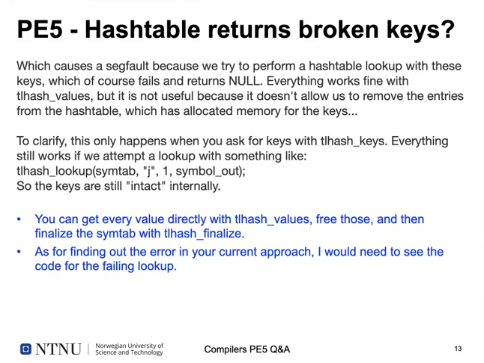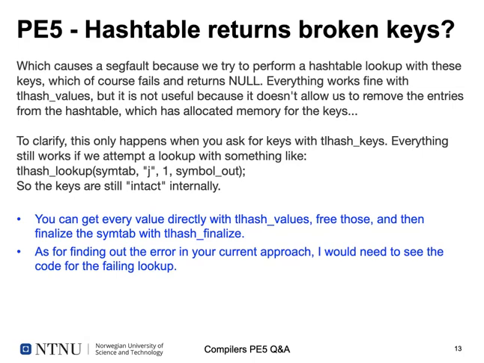So that's strange. We'll have to investigate this. I haven't had time to look into this a bit closer here. So it seems that the keys are still intact internally. We can have a workaround, like you can get every value directly with TL hash values, free those then, and you can then finalize the symbol table with TL hash finalize.